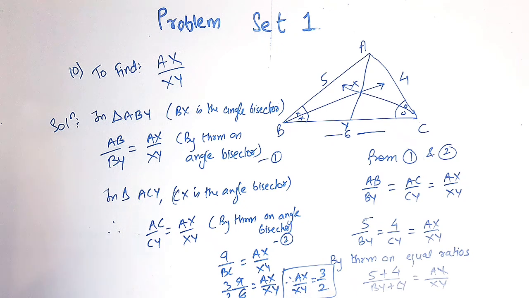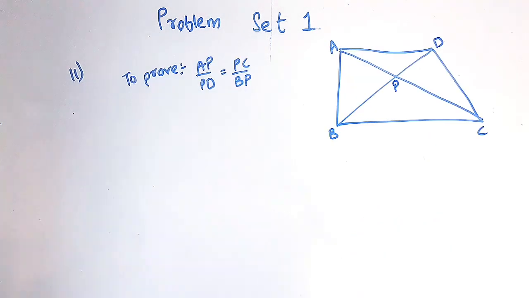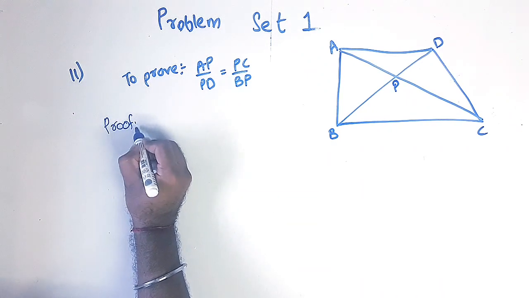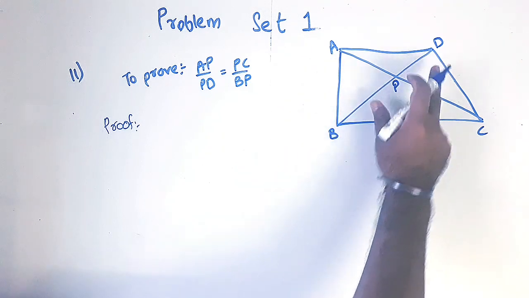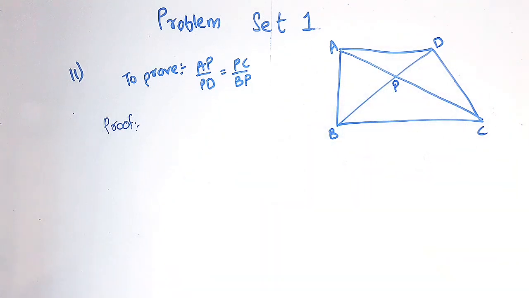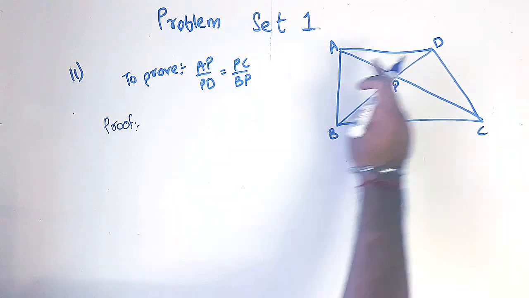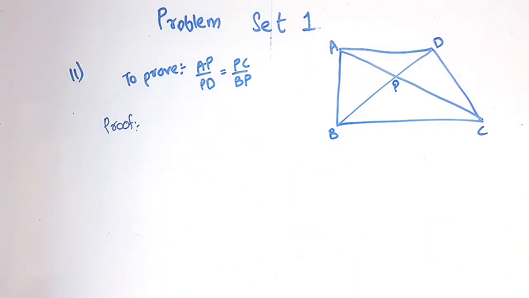Okay, here in the 11th one, they have asked us to prove AP upon PD equals PC upon BP. Clearly these parts come in triangles, so we have to prove the triangles similar.